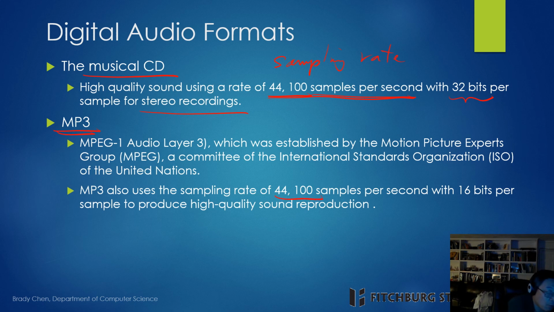It's the same as a music CD, but the bit depth is 16 bits instead of 32 bits. So the quality of MP3 is definitely worse than the music CD, or in other words, the music CD has a higher quality than MP3 music.